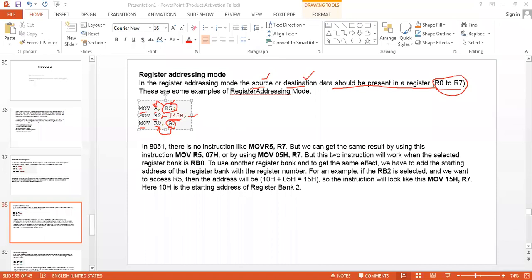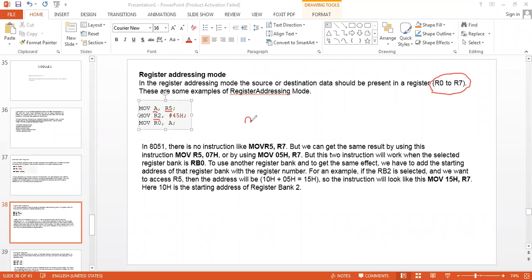So here always, either the destination or the source should be one of the registers from R0 to R7, but both cannot be R0 to R7.